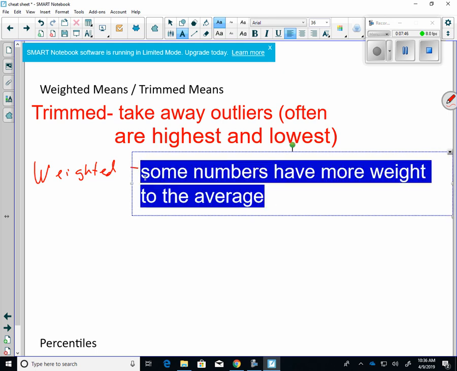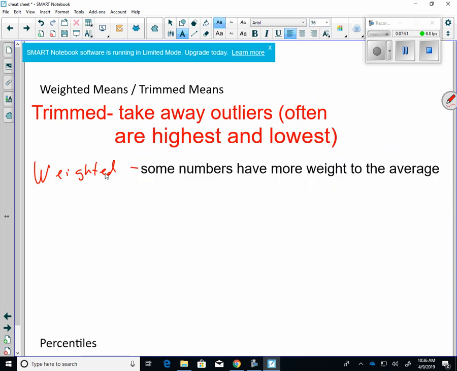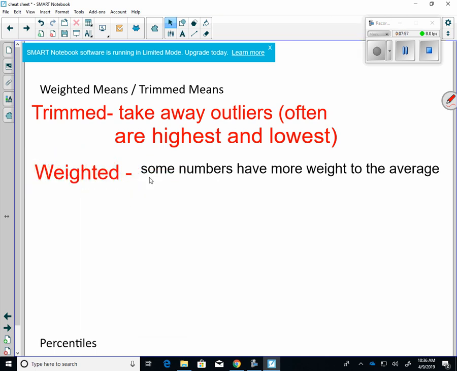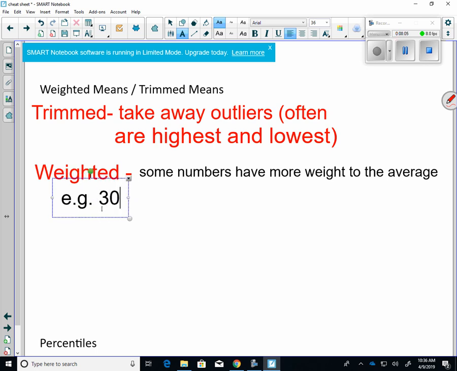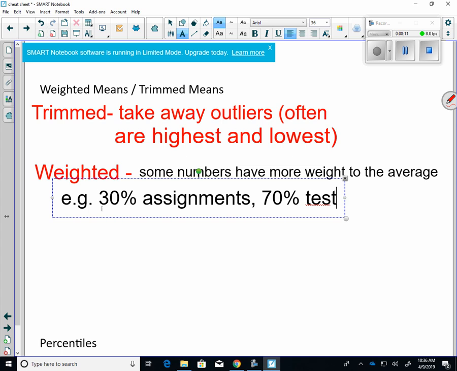For example, a good example here would be 30% assignments, 70% tests, like when you're doing marks.